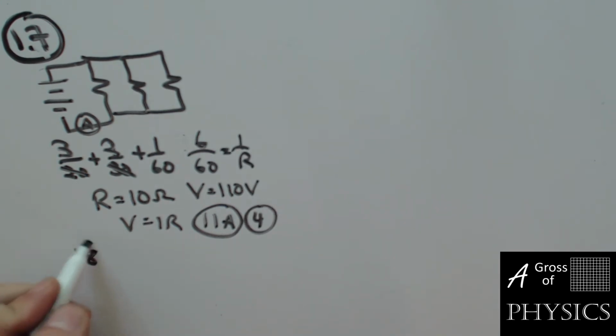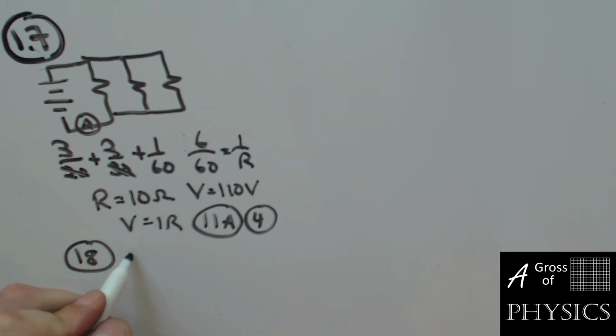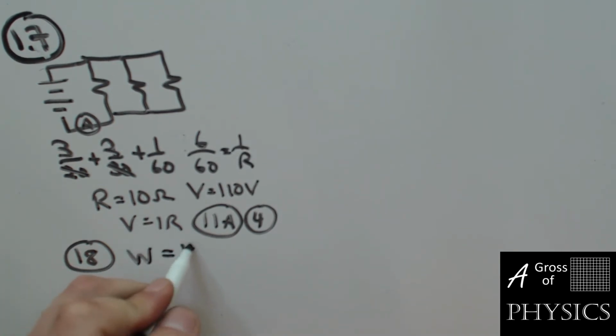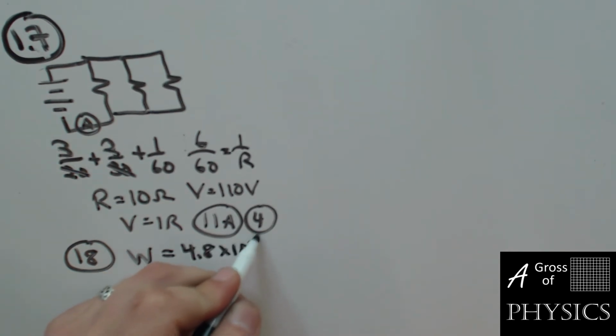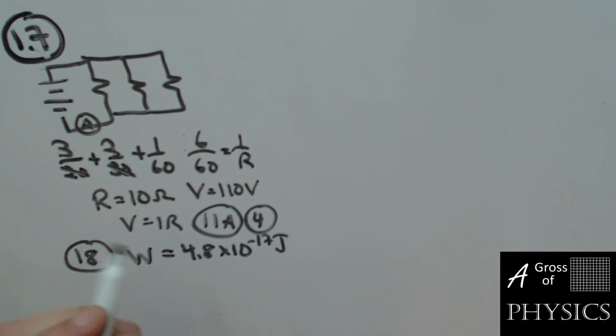All right, 18. We have 4.8 times 10 to the negative 17 joules of work. And it's an electron, so we know Q, 1.6 to the negative 19 coulombs.